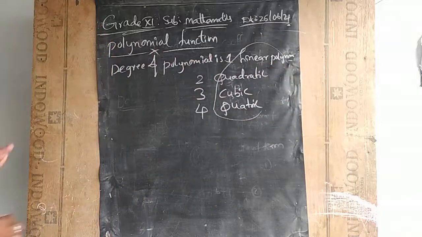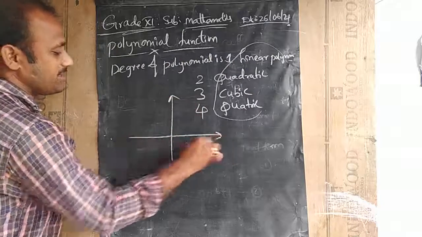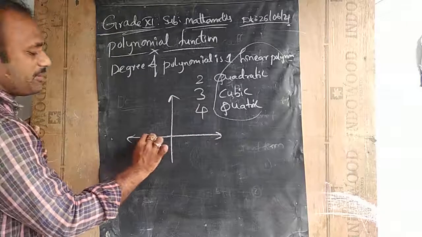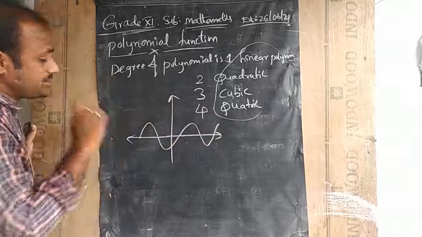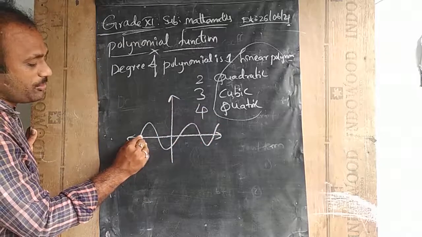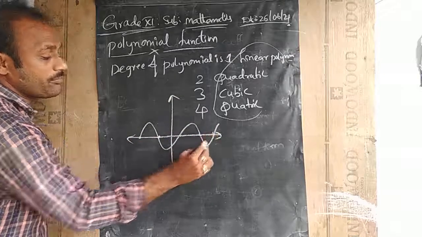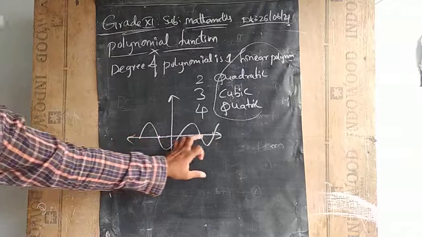Now, students, based on the graph we can easily say which type of polynomial it is. For example, let us take this graph. This graph is touching the x-axis at how many points? 1, 2, 3, 4, 5. Since it is touching at 5 points, this is called a 5th degree polynomial graph.